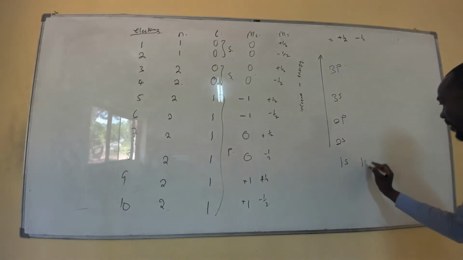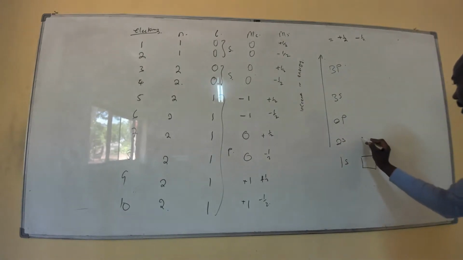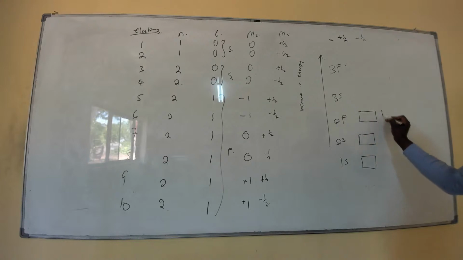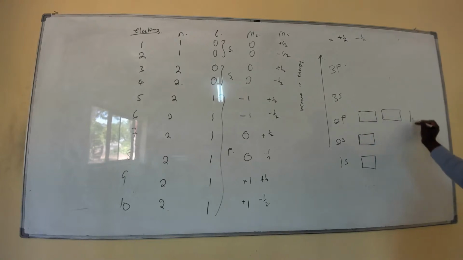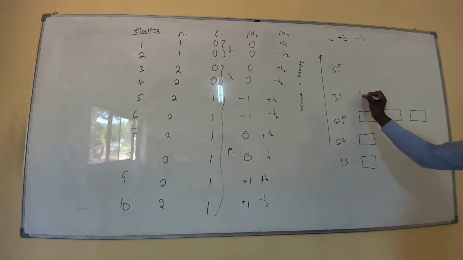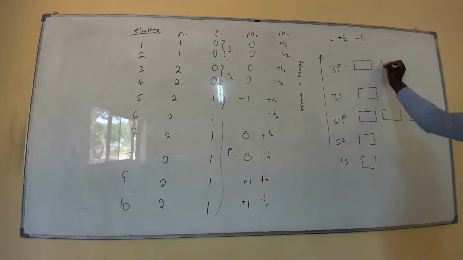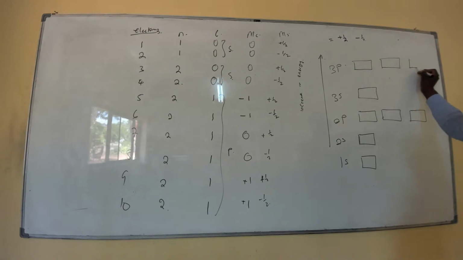The s will have a single box, because for S there's only one type. The P's will be 3 boxes: 1, 2, 3. S again 1. Same applies: 1, 2, 3.